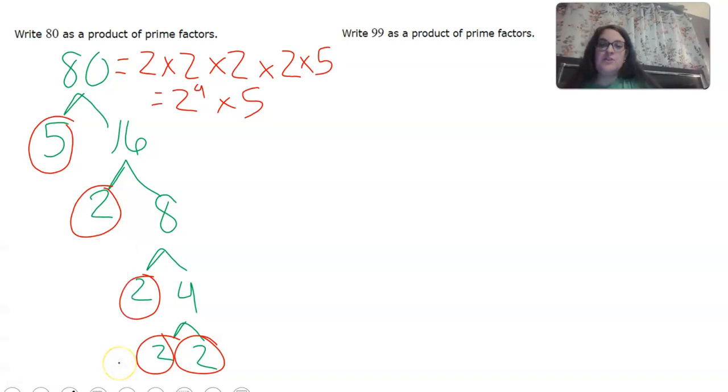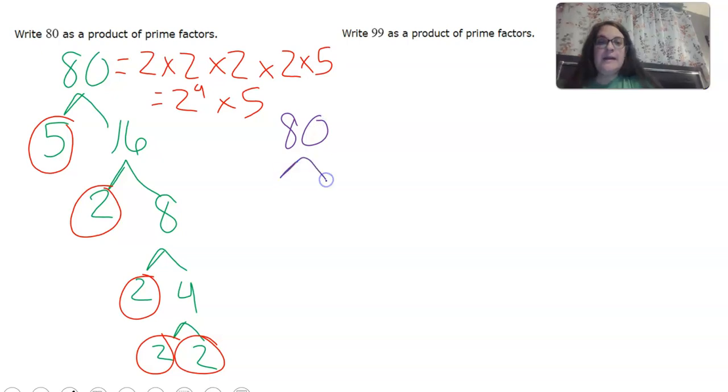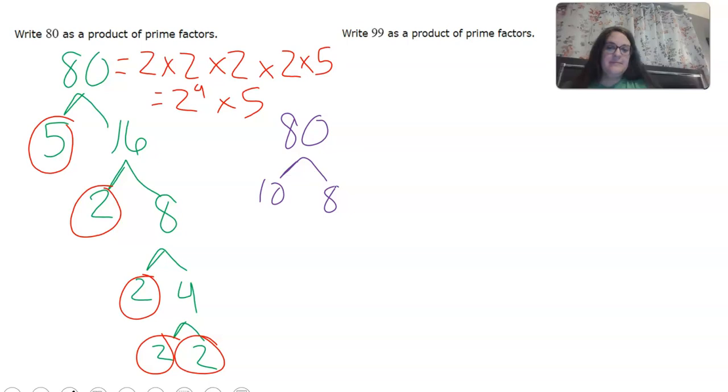Another way you might try this is going ahead and breaking it up into 10 times 8. Because you could always break 10 up into 2 times 5. And 8 into 2 times 4, and then 4 into 2 times 2.